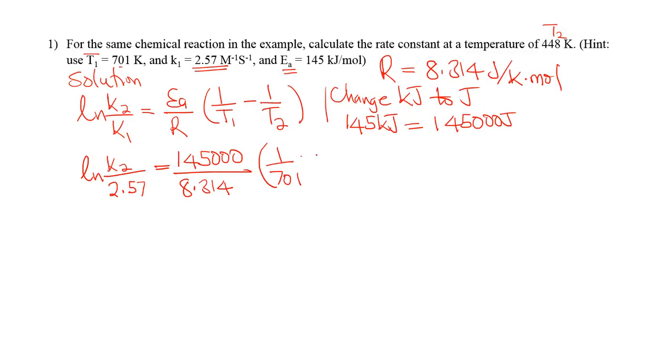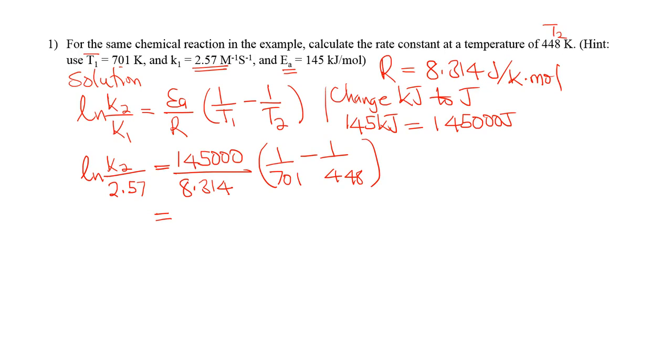Times 1 over 701 minus 1 over T2, which is 448. So let's see what we are going to get for this part. So I will put the first parenthesis, then 145,000 divided by 8.314, and then close parenthesis.